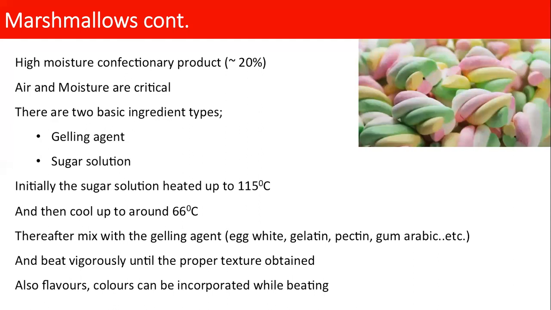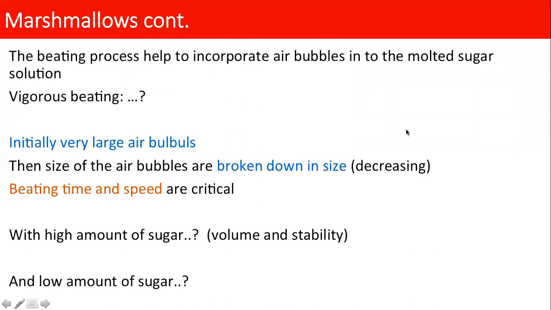And also, when you prepare cakes in your home, it is also very important to beat it properly, right? It is a difficult one, so beating is very critical. In the ice cream industry also, it is very important because air incorporation is very critical to get the desired texture, right?